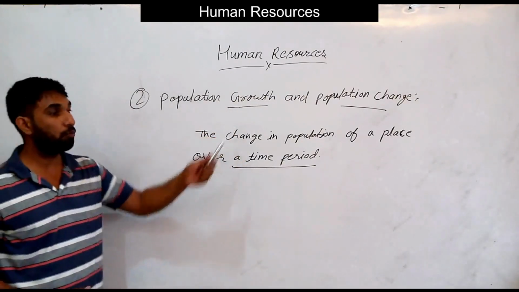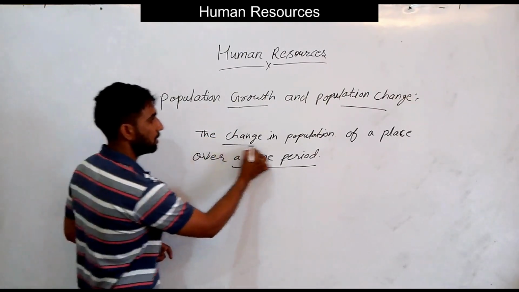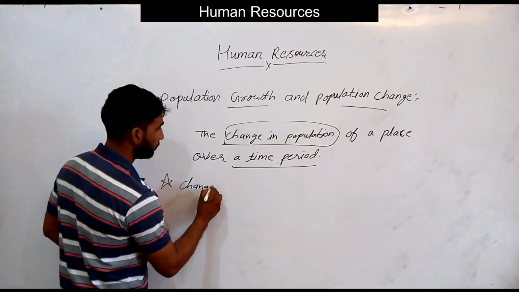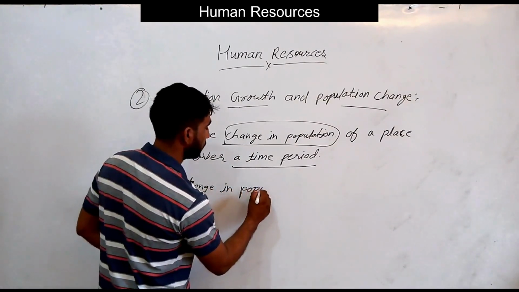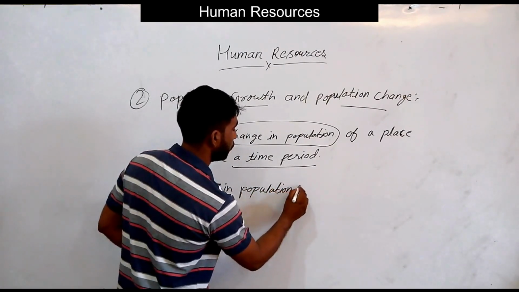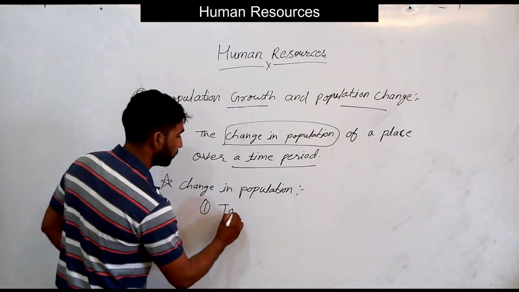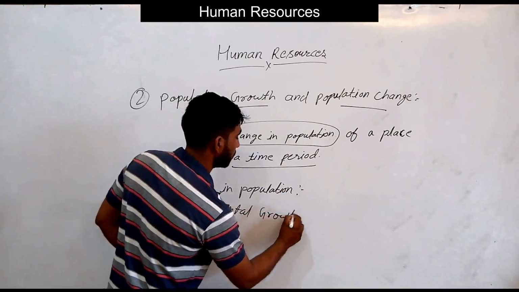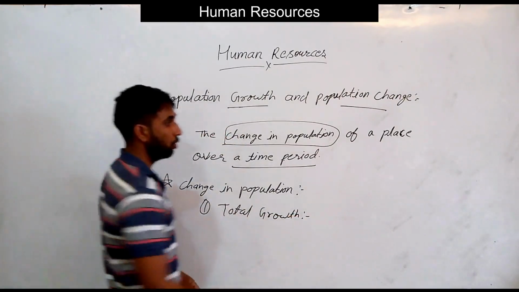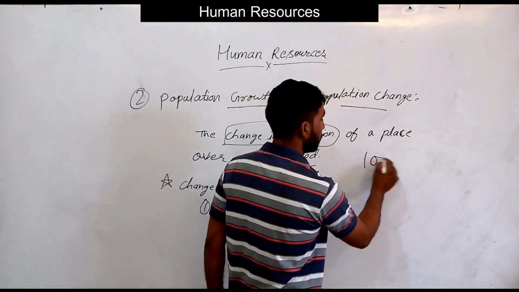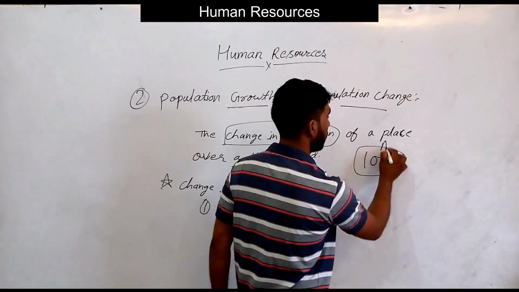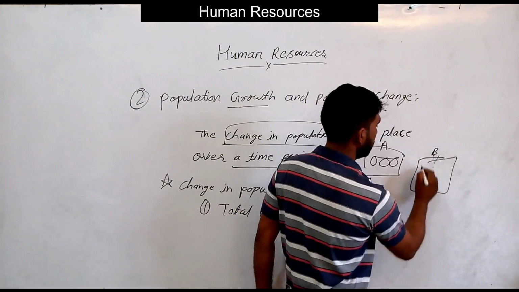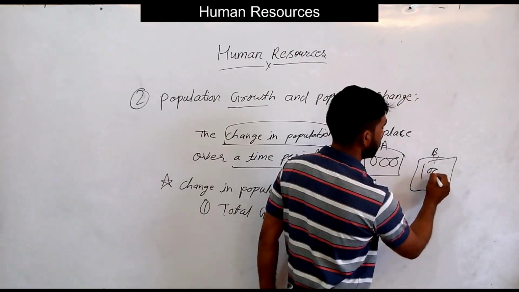Now the change in population has two aspects. The first one is total growth. Total growth means we have a particular place, point A, where 1,000 people are living, and point B also has 1,000 people.